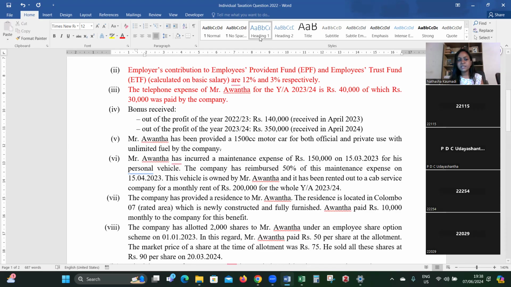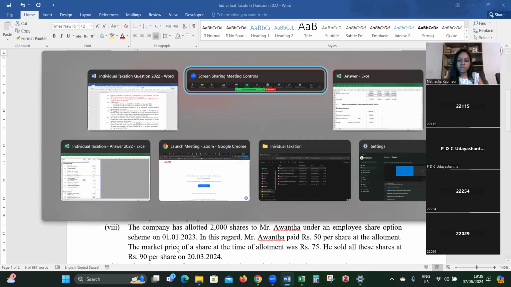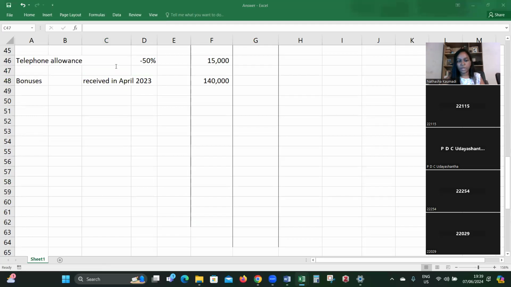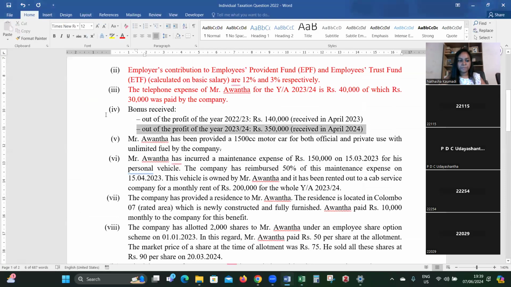So do we consider this second bonus as a taxable benefit? No, we are not considering it as a taxable benefit because it's not received in this year of assessment. So we are not taking it. We are taking only this 140,000, as you can see. Right. So this is also done.